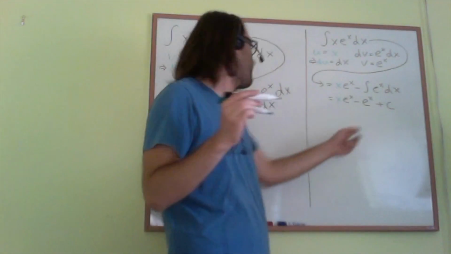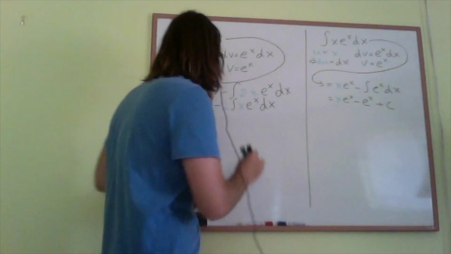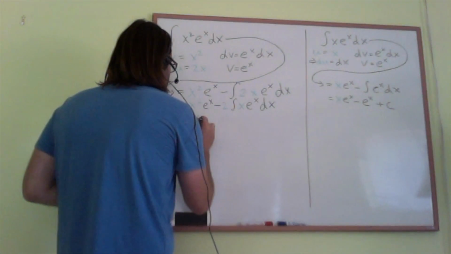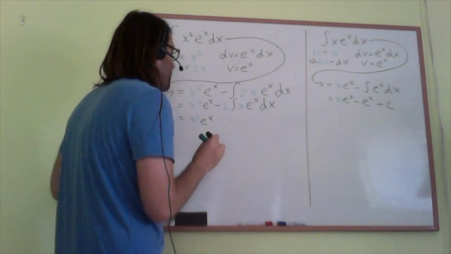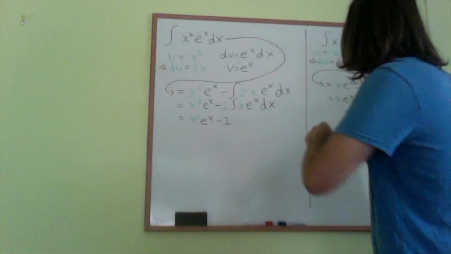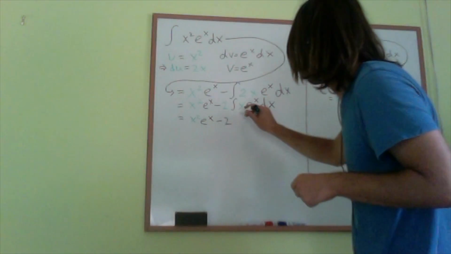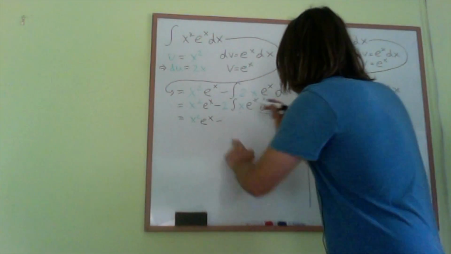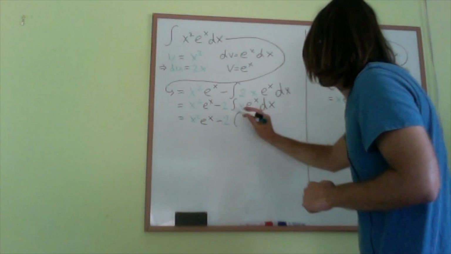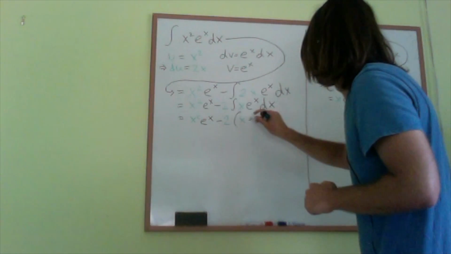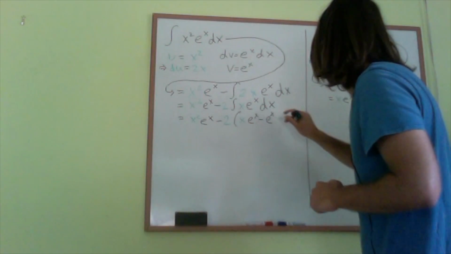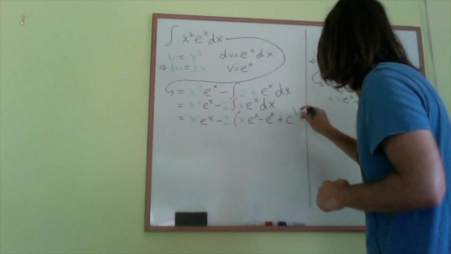Okay, now let's go ahead and put that here. So this becomes x squared e to the x, minus 2, and I'll put parentheses, x e to the x minus e to the x plus c.